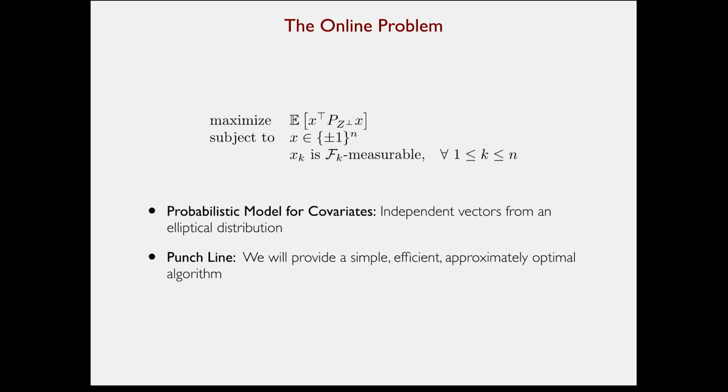Just think of it as multivariate normal if you like, but it doesn't have to be. You could have bimodal magnitudes for these vectors. The punchline of this whole thing is that I'm going to provide a simple, computationally efficient, and approximately optimal algorithm for this problem.